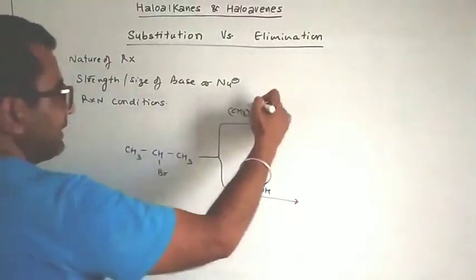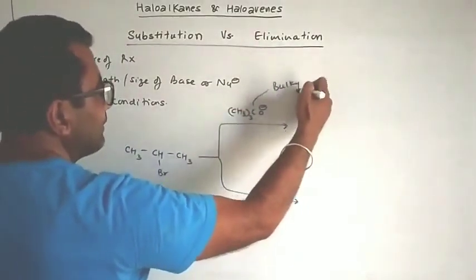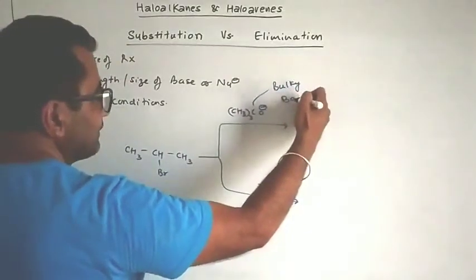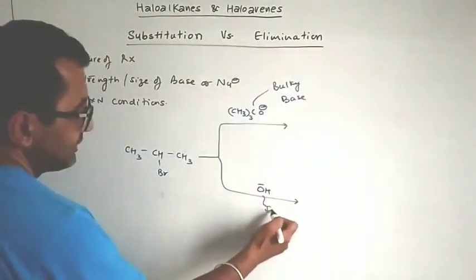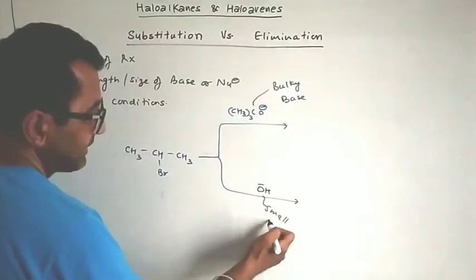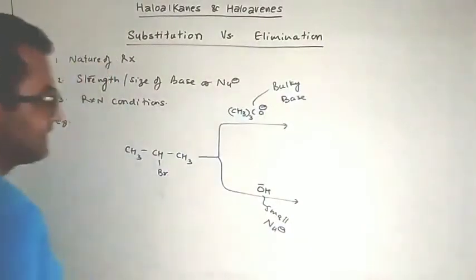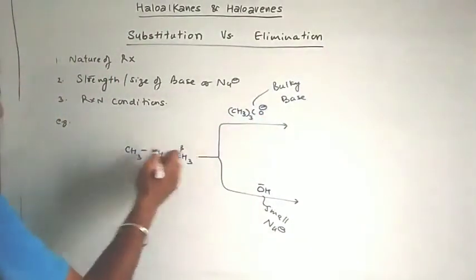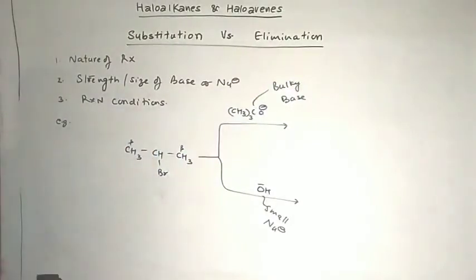Now this is bulky, so it acts as a base. This is smaller in size, so it acts as a nucleophile. So when it acts as a base, it will take out hydrogen from the beta carbon.